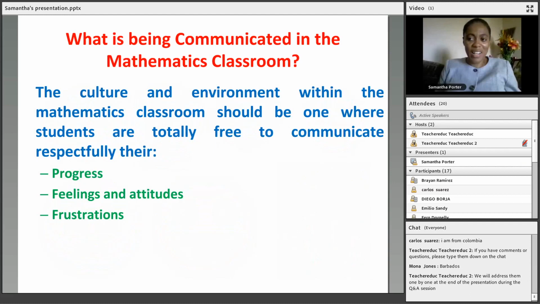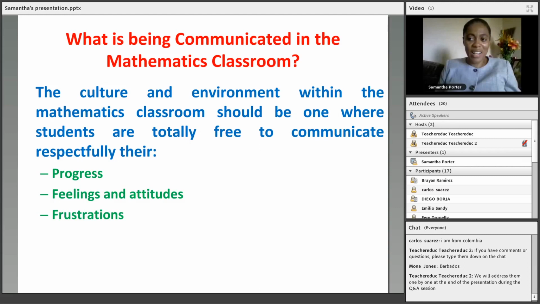So, what is being communicated in the classroom? The culture and the environment within the maths classroom should be one where students are totally free to communicate respectfully their progress, their feelings and attitudes, and also their frustration, so that as teachers, we can meet them at their need.